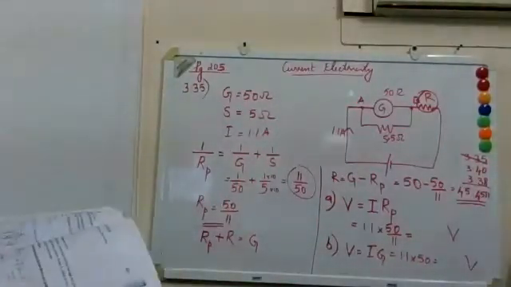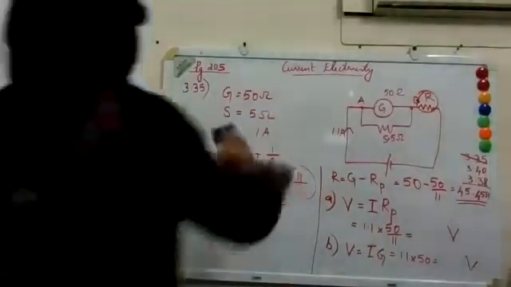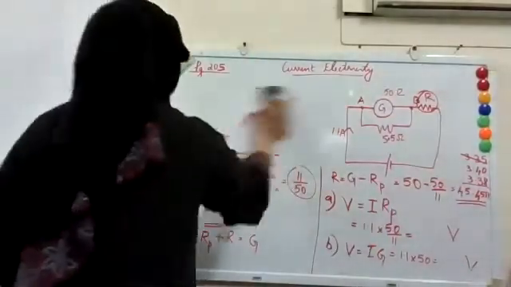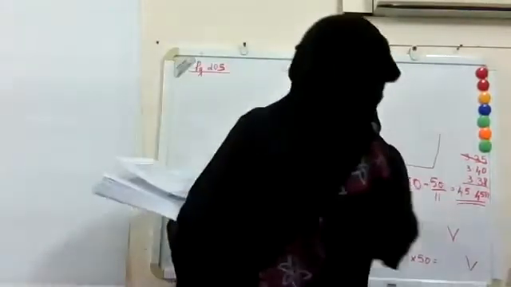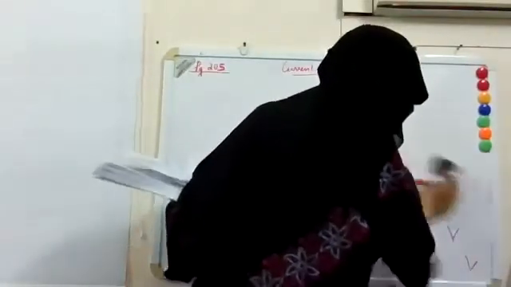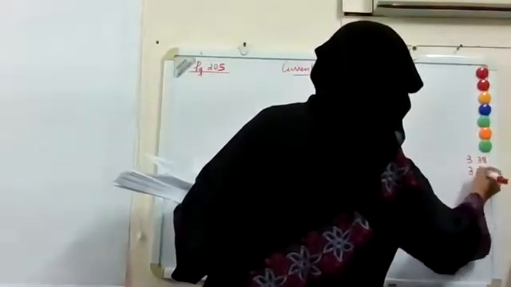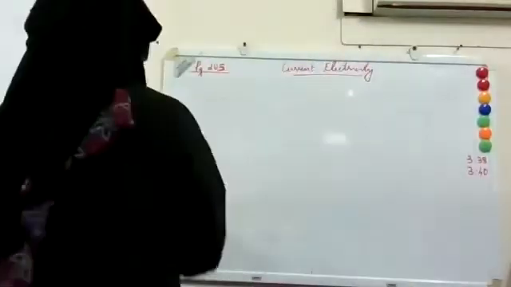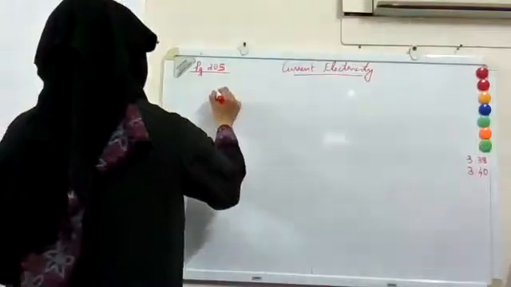Observe the following circuits and answer the question. So I will draw the circuit. You have to read the questions. A and B, two questions are there, right? Okay. So read the question.